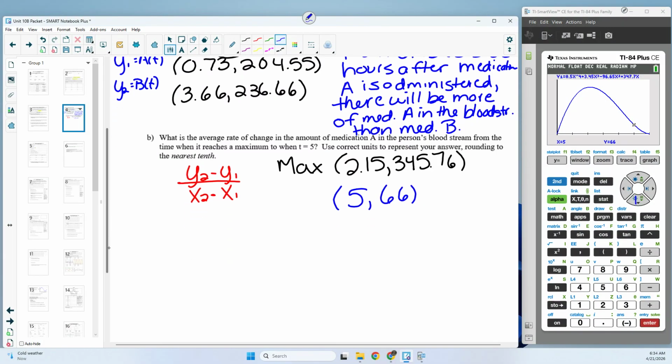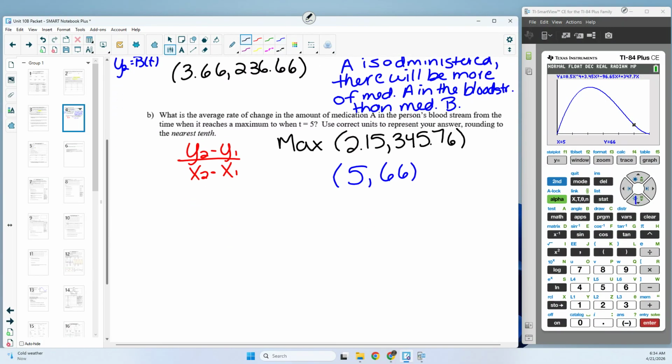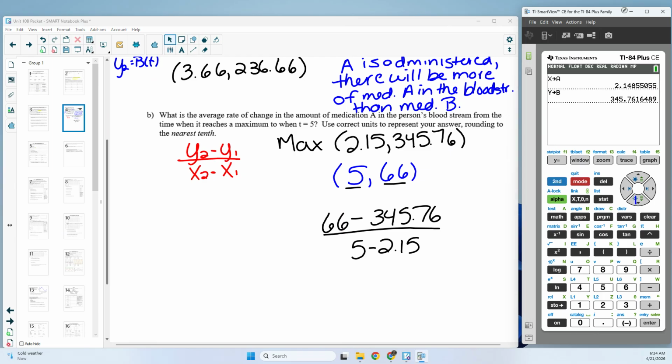So with these numbers now, I can set up a slope formula. So I have y2 minus y1 over x2 minus x1. I could write those rounded numbers if I want to use my stored values.